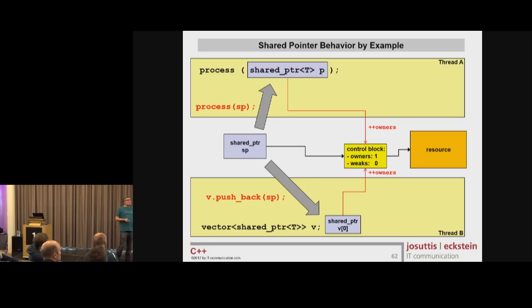So we not only have to synchronize between threads the owner counter and the weak pointer, we even have a dependency between them. So we need some logic of a protected region between them so that whenever one of the threads is the last thread, so that both owner and weak counters get to 0, then we have to delete the control block.